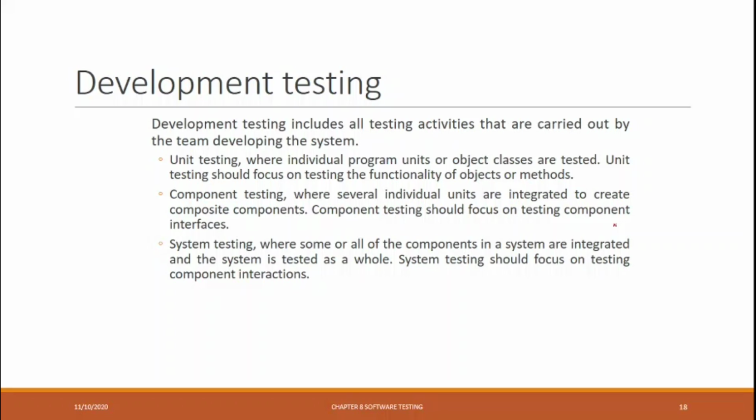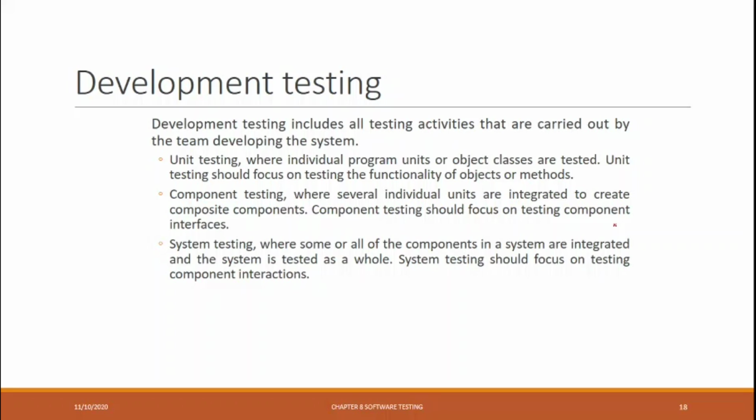In system testing, all the components of a product are integrated together to make one system, and all the functions are checked, where the system is tested as a whole.